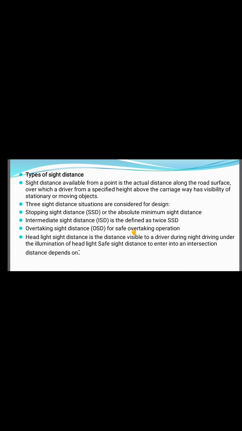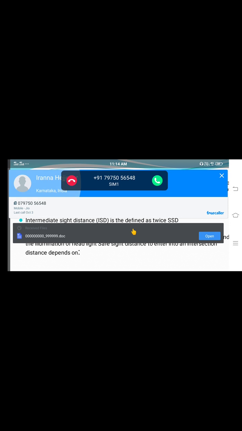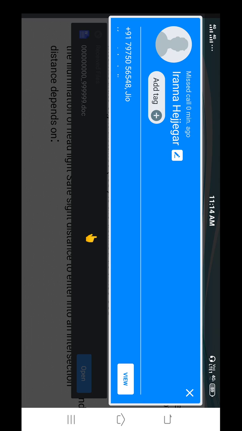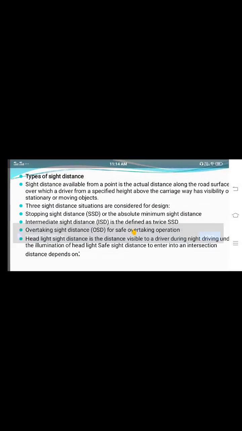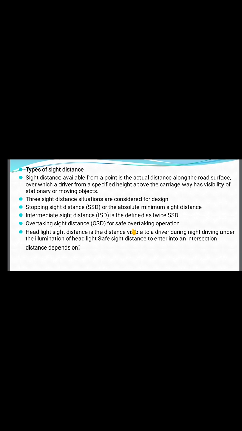One is stopping sight distance, another is intermediate sight distance, and third is overtaking sight distance.